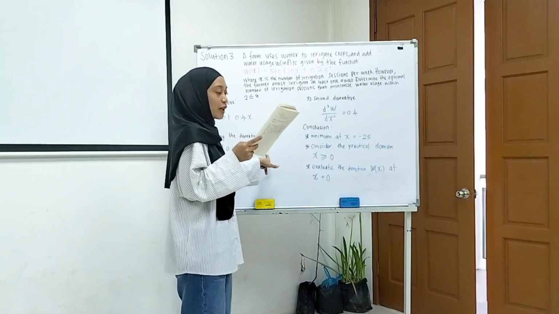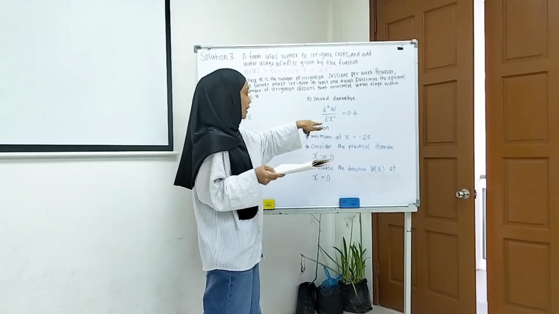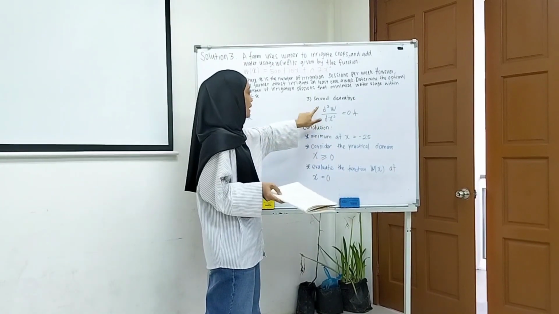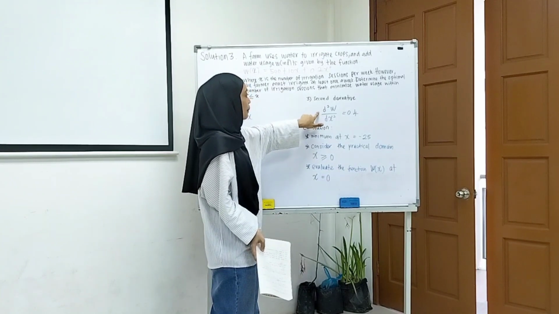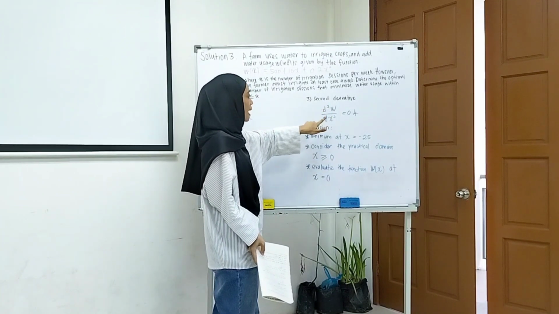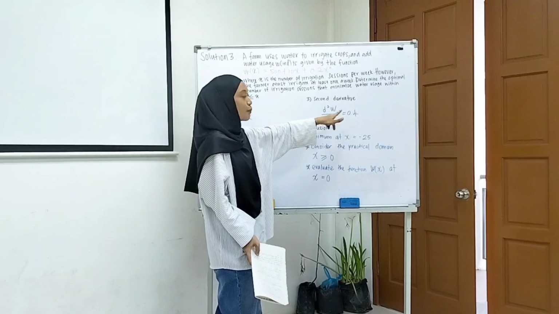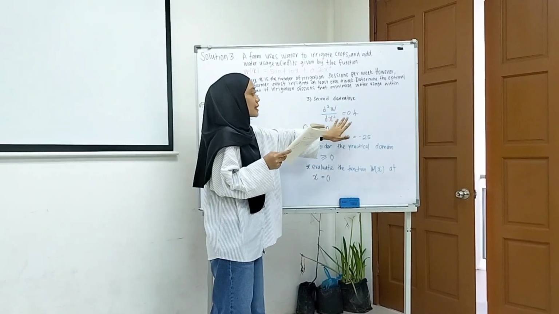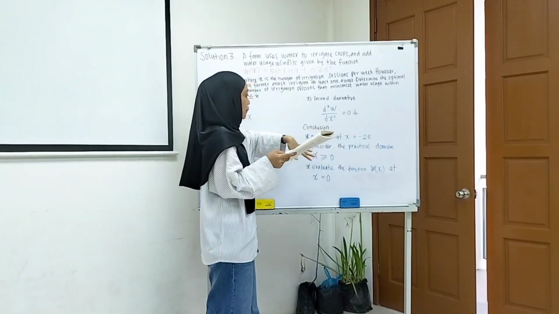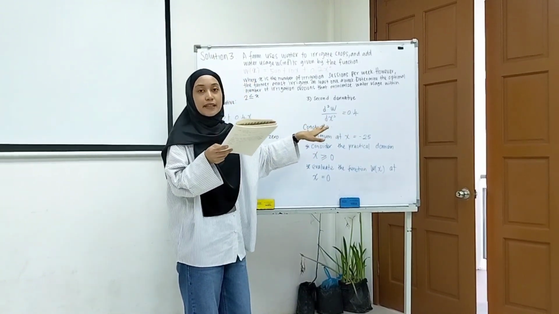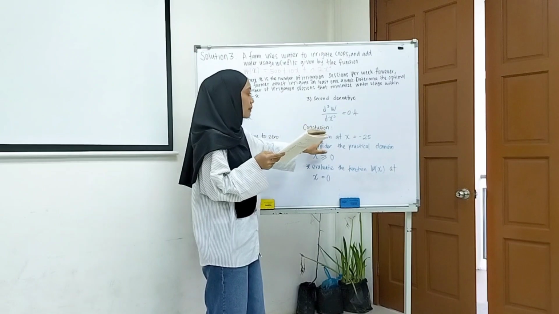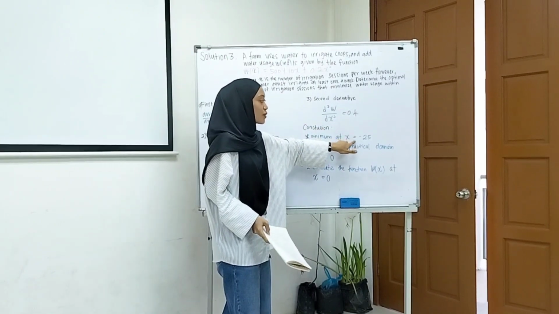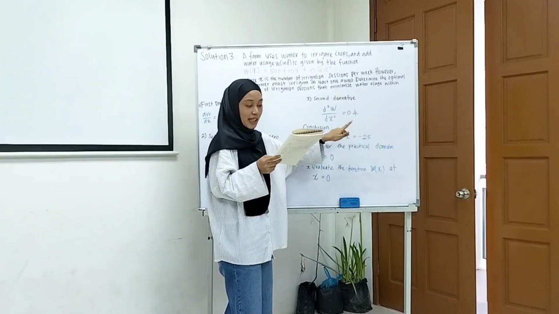Okay, we are going to look for the second derivative. Given d²W/dx² equals 0.4. Since this is positive, it indicates that the function has a minimum at x equals negative 25.